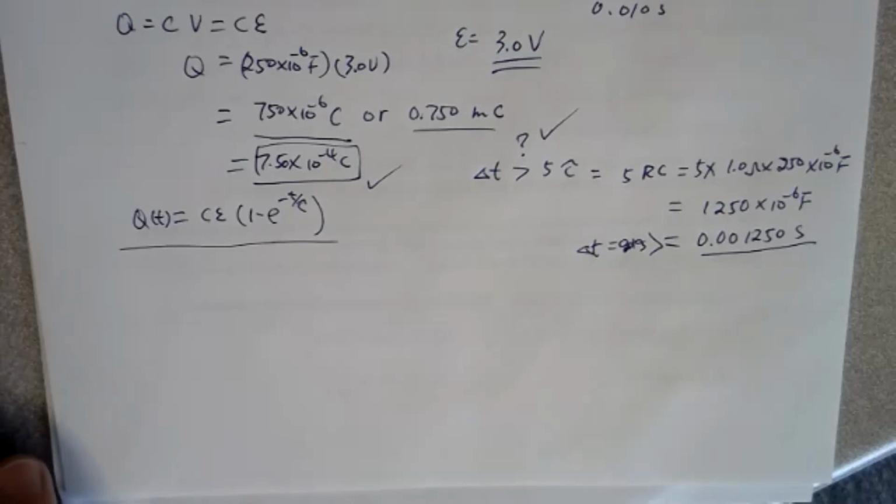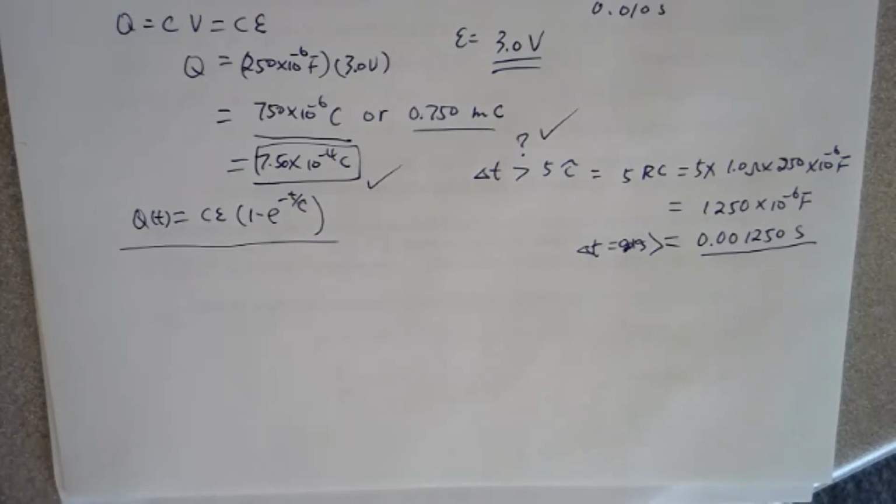The rails are connected by this 10 ohm resistor, and the entire system is in a uniform magnetic field of 0.750 Tesla. Find the speed at which the bar must be moved to produce a current of 0.175 A in the resistor. So the motion of the rod is going to cause the induced EMF.